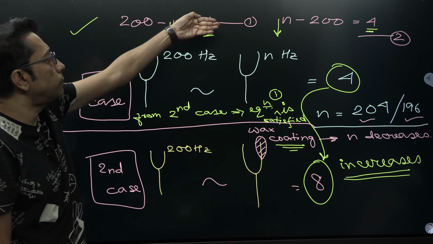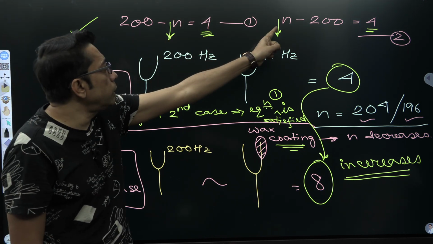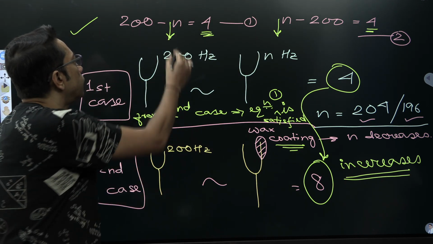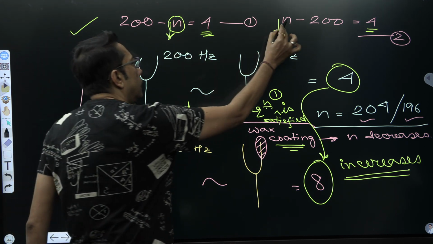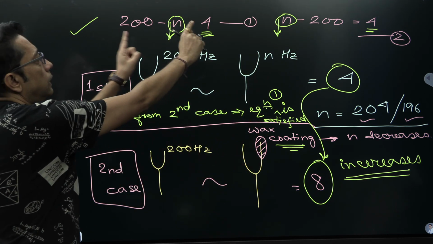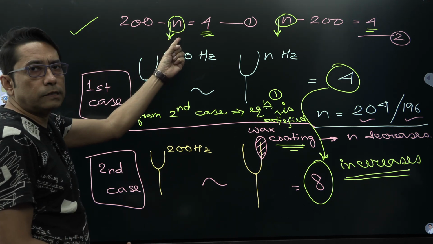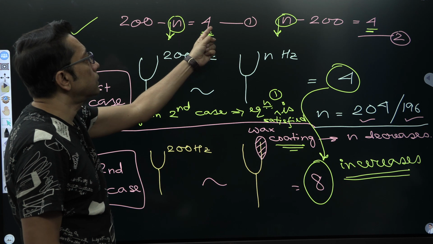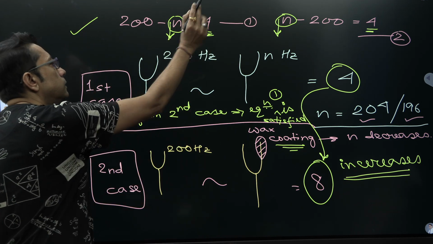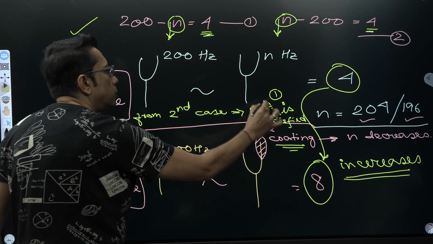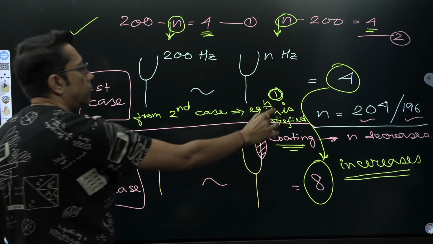Now go back to the equations. In which of these two equations, if we decrease the value of n, does the difference increase? So we understand clearly that if we decrease the value of n in the first equation, then the difference increases. So this is satisfied. I have just written that. Equation 1 is satisfied. That is the answer.